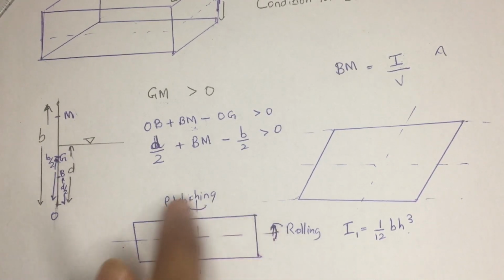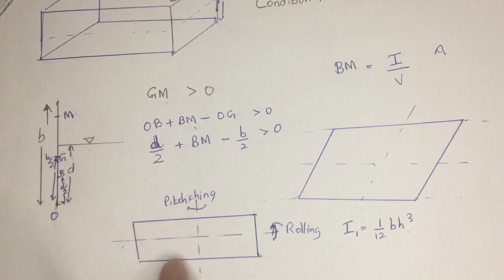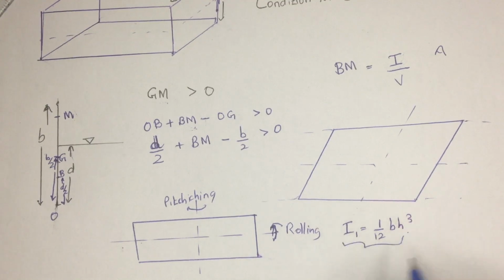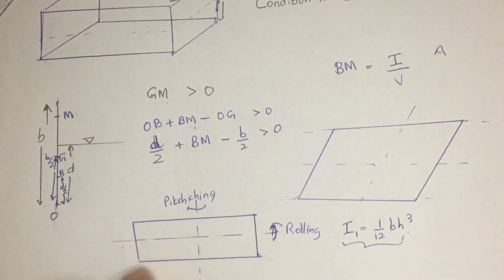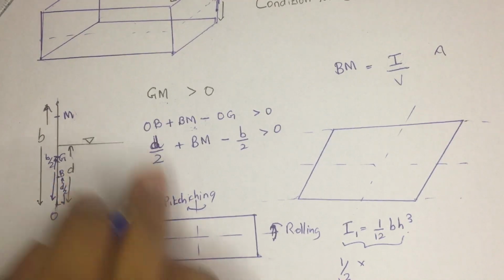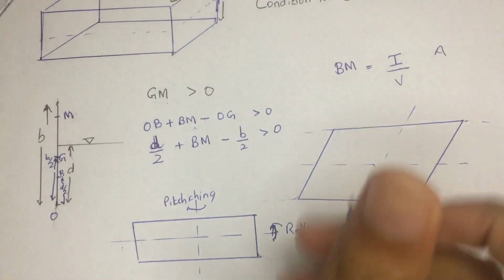So the second moment of area from this axis is going to be higher than for this rolling axis. So we need to take the lowest part. So we are going to take this part, 1 by 12 into H cube. So I'm going to write I as 1 by 12 into B, the length, which is L over here, and the A cube.